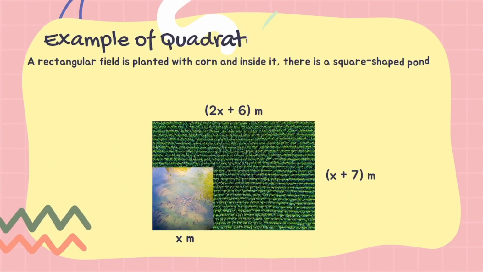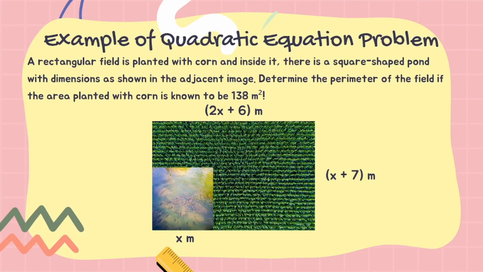Okay, let's start on a problem of how to solve a quadratic equation. So the question is, a rectangular field is planted with corn, and inside it there is a square-shaped pond with dimensions as shown in the adjacent image.